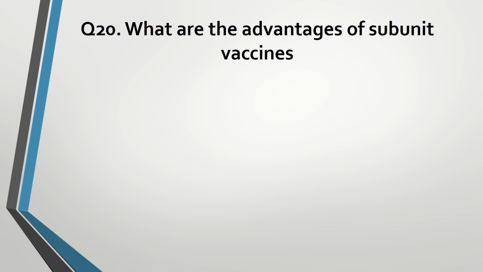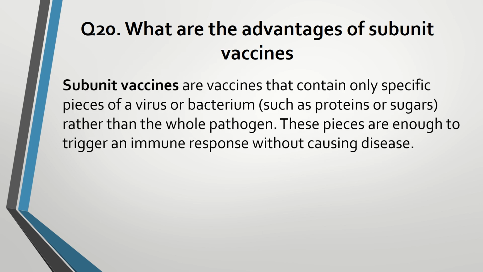Let's see the definition of the subunit vaccine. Subunit vaccines are vaccines that contain only a specific piece of a virus or bacterium, such as protein or sugar, rather than the whole pathogen.